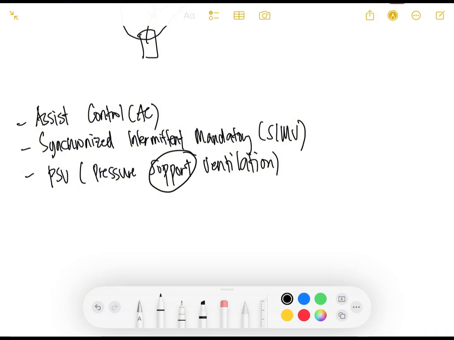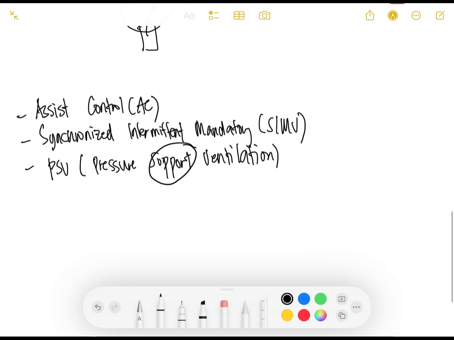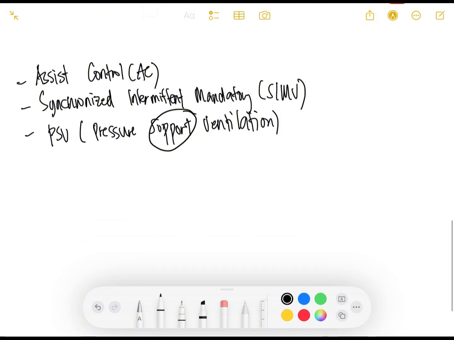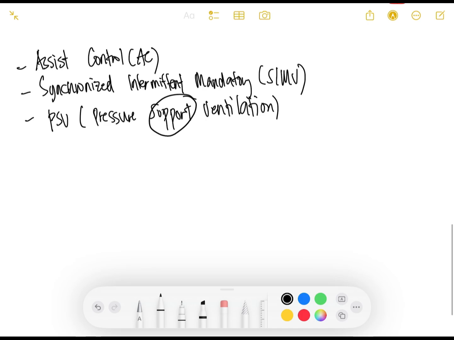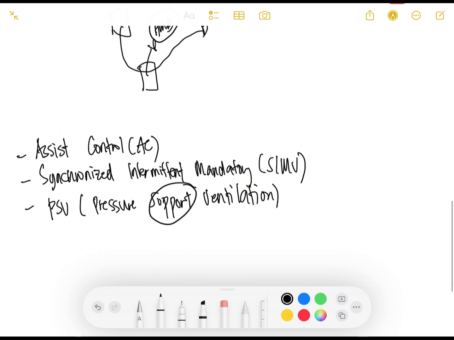The machine is only providing support to the patient. Okay, PSV, pressure support ventilation. So ito yung mga common na settings for ventilator. You have assist control, synchronized intermittent mandatory or SIMV, and PSV. There are other still settings pero ito yung mga commonly used na ventilator settings.